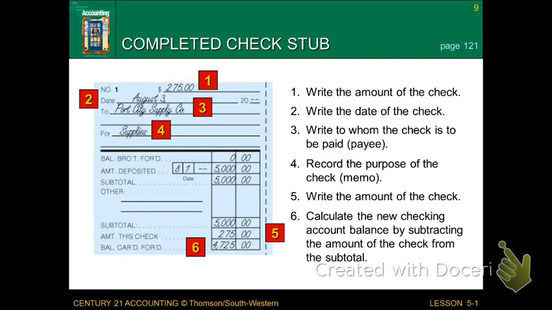Step 4 is to record the purpose of the check. This is for your benefit, your record, so that you don't forget why you wrote the check out. So we're writing this check to Port City Supply Company for supplies. Maybe we're paying them back for a previous purchase of supplies. But it can be for any amount, any reason.